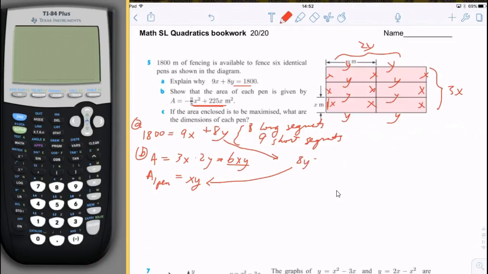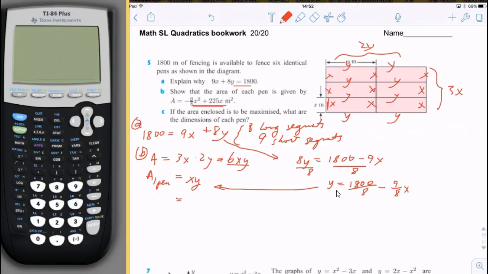That will give us 8y equals 1,800 minus 9x, right? Then we're going to divide both sides by 8, and we're going to get y equals 1,800 divided by 8 minus 9 divided by 8x. And then we can put that in for y, like we were planning to do.